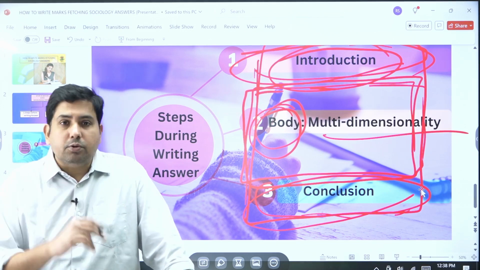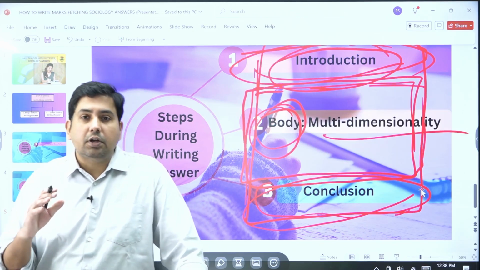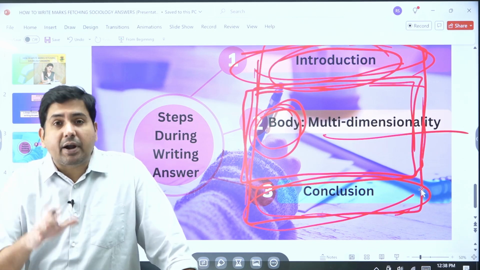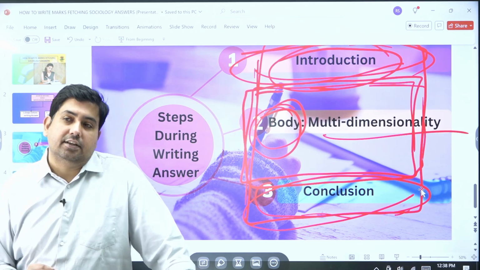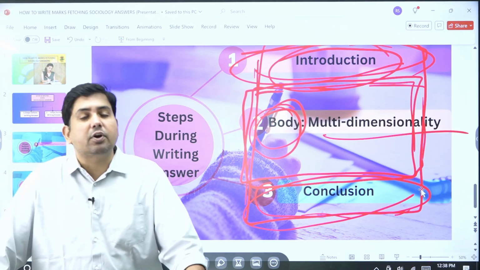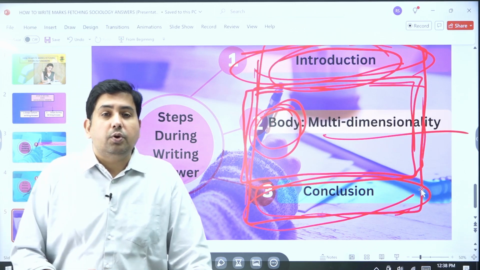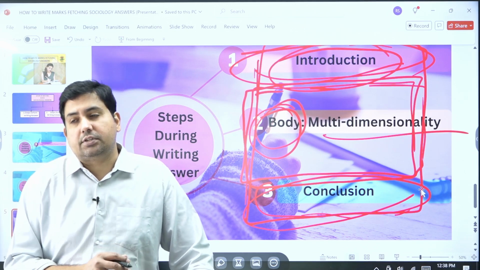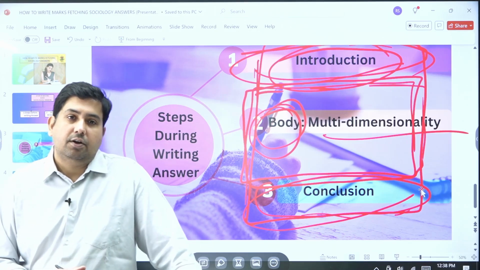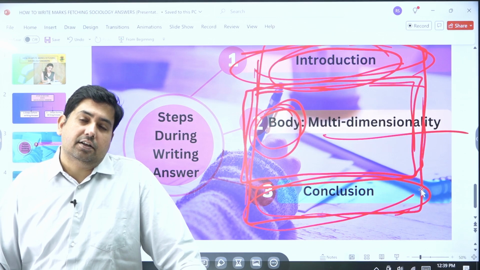Now further, suppose you do not know thinkers for a topic. Do not be afraid. You will find, particularly in second paper sociology, there are no specific thinkers for many topics. So what you will do, you will use the reports and data of the agencies I mentioned, or other sources, to make your answer authentic.